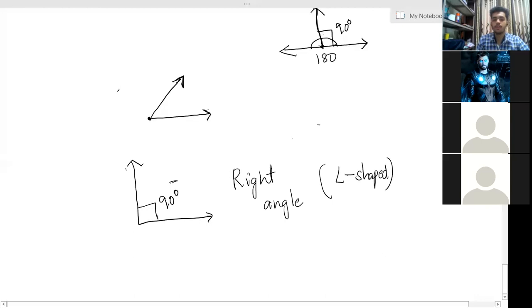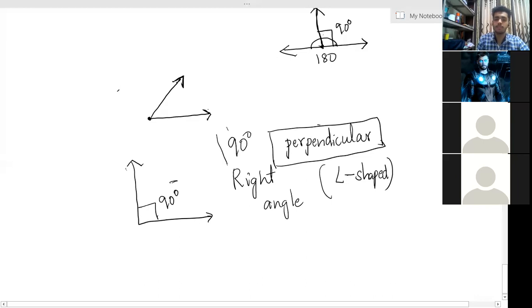Also, the term for this is perpendicular. Remember this word, perpendicular. Whenever I say the word perpendicular, that means 90 degrees. So right angle, perpendicular, 90 degrees. All three of these mean the same thing.